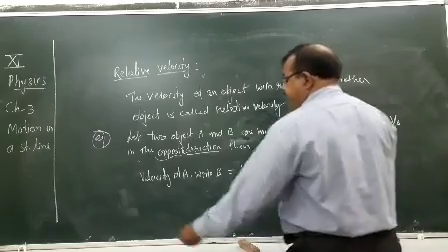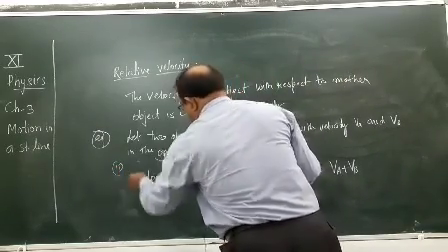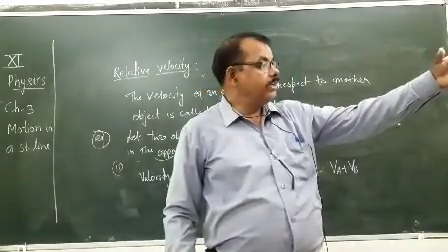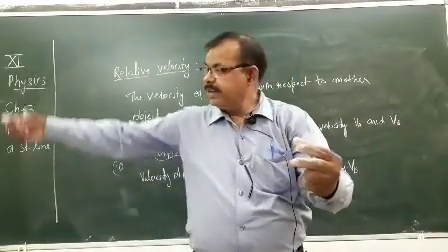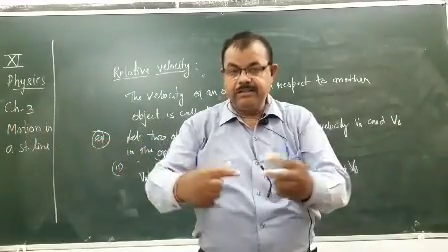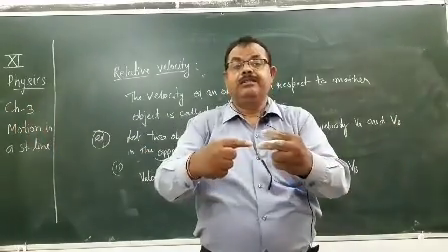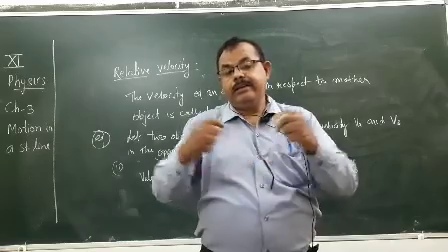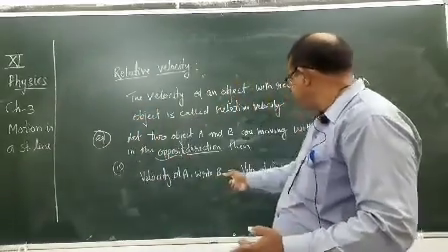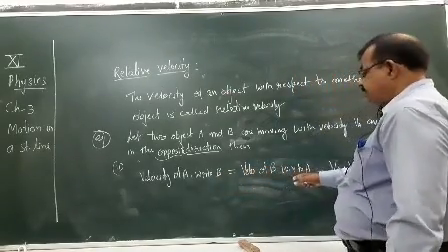Now, the third case. This is the second case, and the third case is when they are approaching each other. Suppose one object is moving this side and the second is moving this side, approaching each other. Here the direction of motion is opposite.